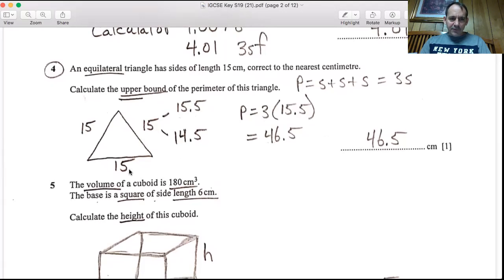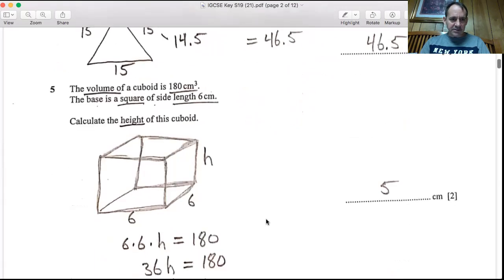Meaning here, if you looked at this 15, 15, 15, your perimeter would be 45, 3 times 15. But because measurements are not exact, there is that little bit of range in there. So the highest possible value that you could get would be up to, but actually not including, the 46.5. Okay, so that's how that works.